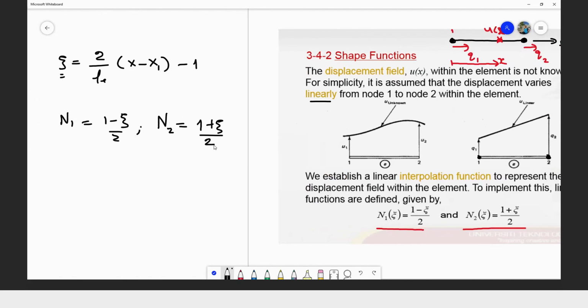Nanti kita akan tengok macam mana kita nak pakai ni. Kan? Kenapa kita nak kena guna benda ni kan? Dia ada sekejap lagi. Ataupun dalam kita punya meeting besok kita akan discuss benda ni. Sekarang ni kita cuba faham dia punya fundamental concept of the finite element itself.